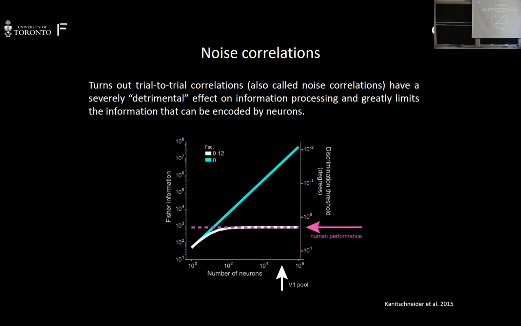So a ceiling kicks in. I think there is a limit on the blue line here, but you get ceilings that kick in on the amount of information that a population of neurons can represent if they have some background correlation level.